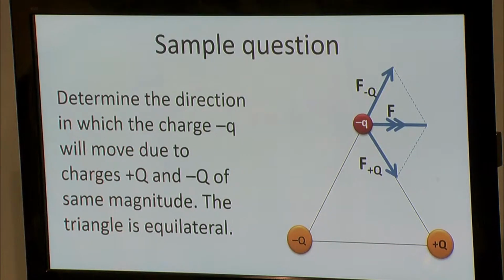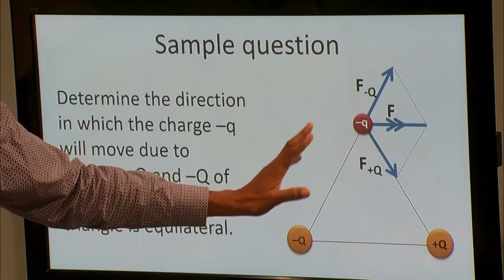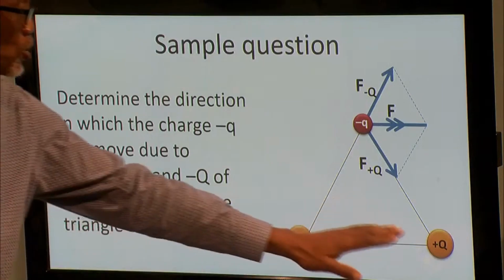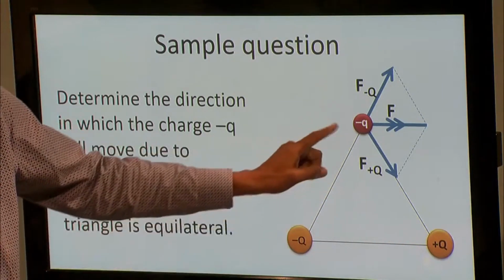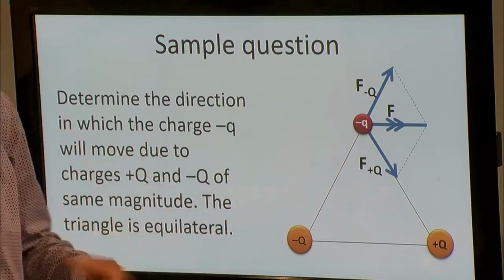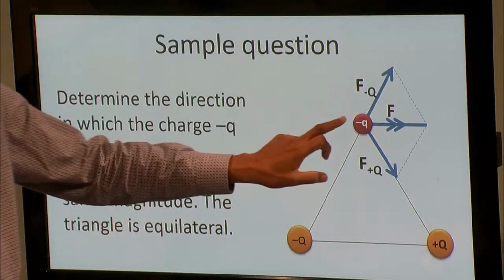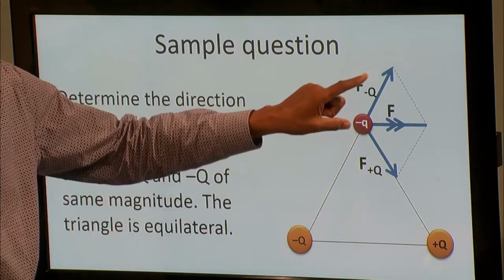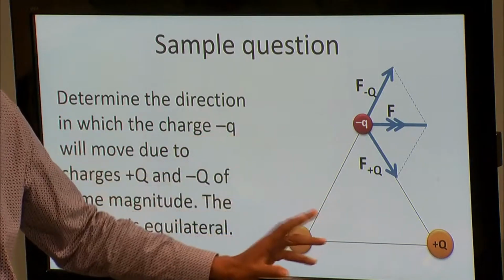All right, and so here is an example. You can determine the magnitude of this force if you know the magnitude of the charges and you know the distance. You can use Coulomb's law to determine the magnitude of the force at this particular distance, and you'll have to know the charges and so on.